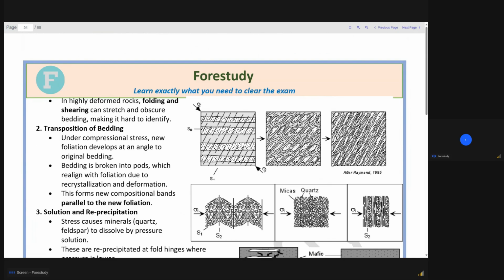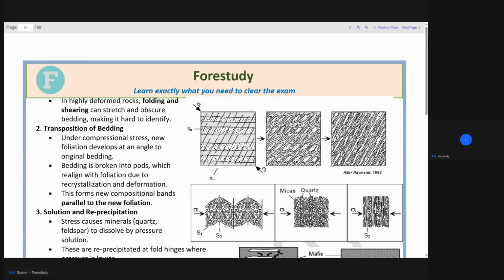People may often make an error in saying that the beds were originally aligned like this, but they were not. The beds were horizontal, but because of this folding, happening because of this stress, the rock lost its original planar bedding.